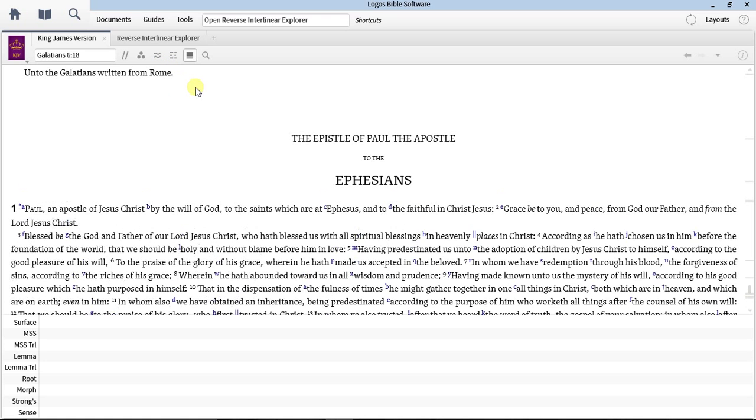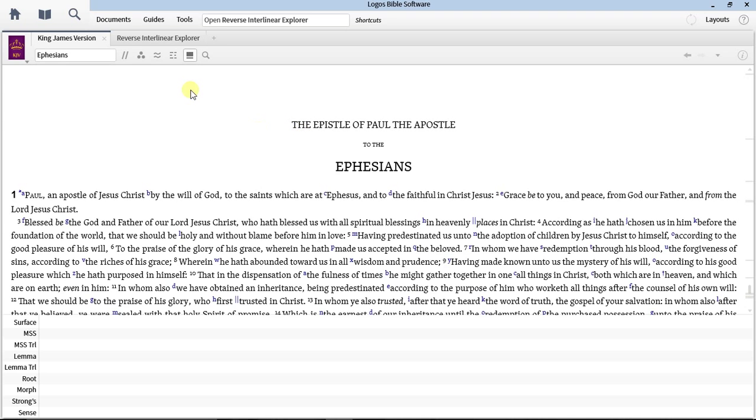So here, the same thing applies. I just go to a text here, just happen to be in Ephesians, and the reverse interlinear here. These keys are not available in Logos 6 and Logos 4, which were on the video.